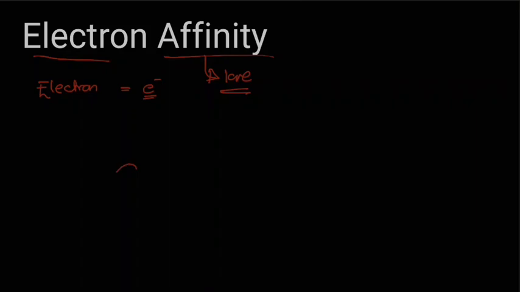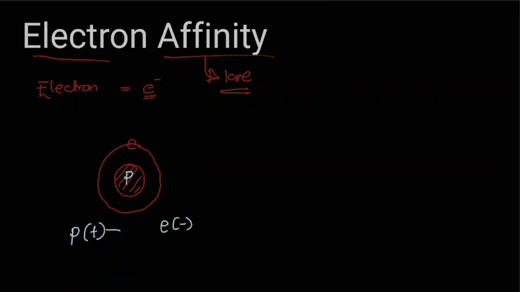If you were to look at an atom, it has a nucleus, right? Let me just draw a simple atom, a hydrogen atom, with just one electron and one proton. Let me draw the proton in another color. Now the proton is positively charged and the electron is negative.